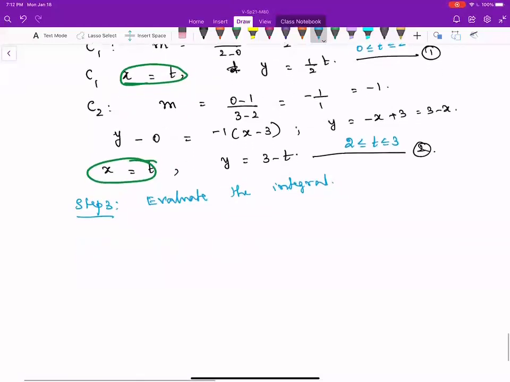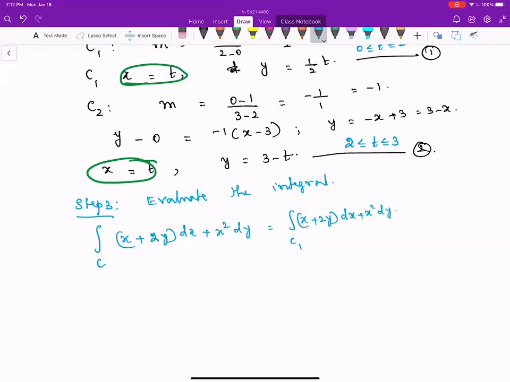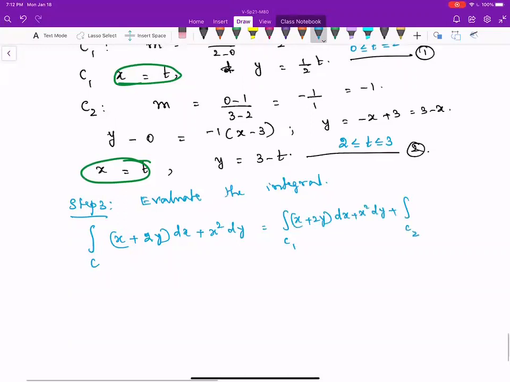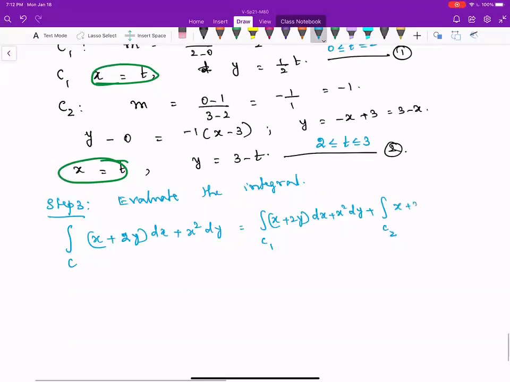When you evaluate the integral, what you are doing is integrating the integral over C of x plus 2y dx plus x square dy, which is the integral over C1, same thing, x plus 2y dx plus x square dy, plus the integral over C2, same integrand, x plus 2y dx plus x squared dy.